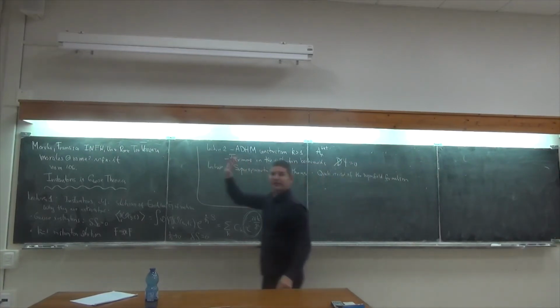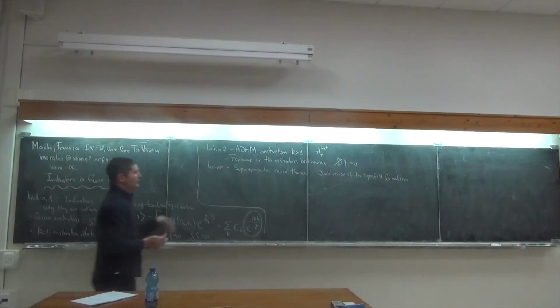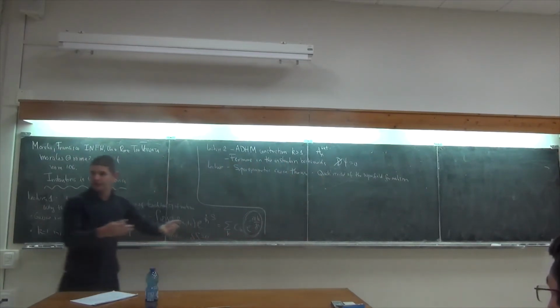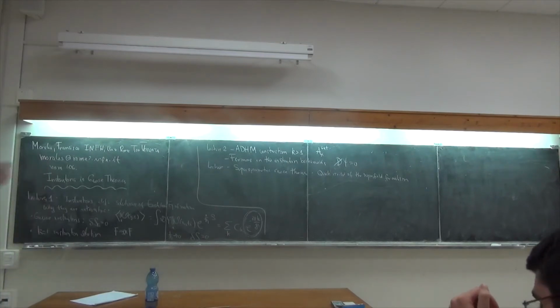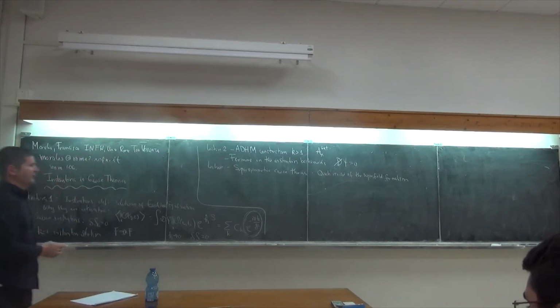What is a supersymmetric theory? You already started this morning to learn about that. It's just a theory in which there is a symmetry that relates bosons and fermions. The theory has the same number of bosons and fermions, and it is symmetric if you exchange the two.